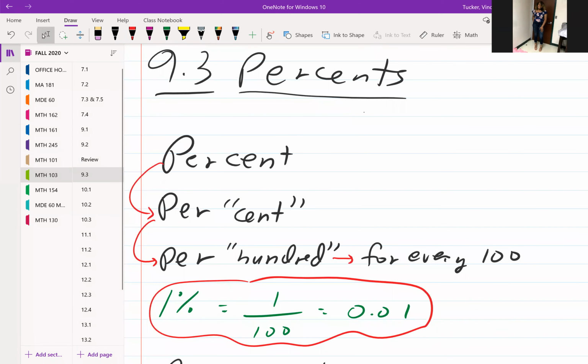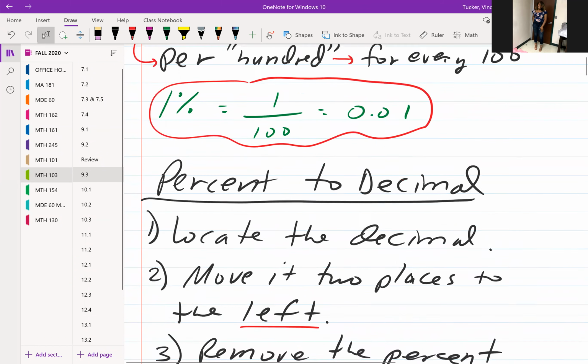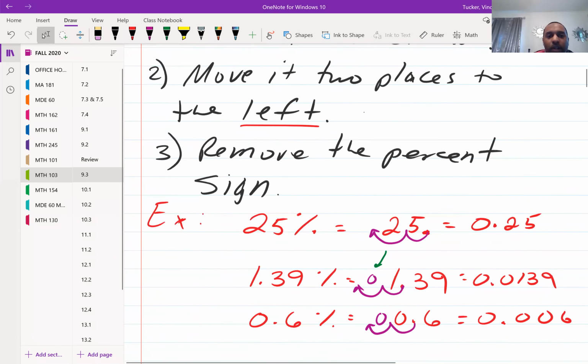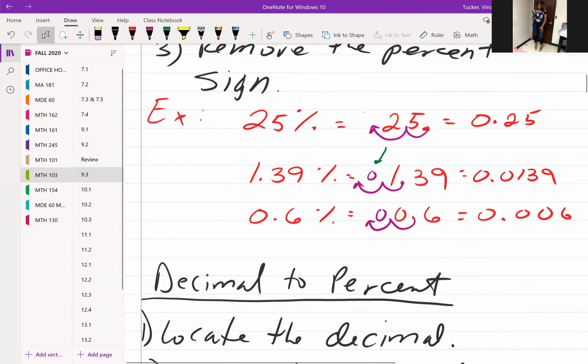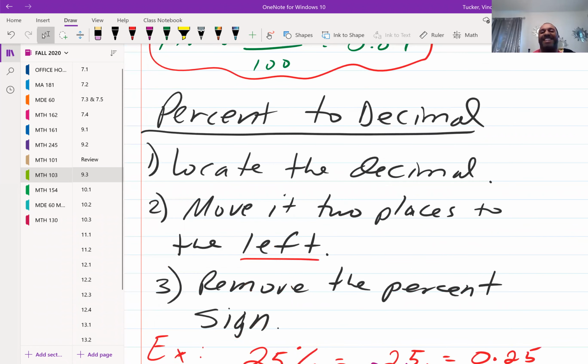Okay, so percent is over 100. Okay, you can scroll. Percent to decimal. Okay, right there. Go up a little. Yeah, right there. I'm screenshotting it. Okay, now you can go down a little bit.